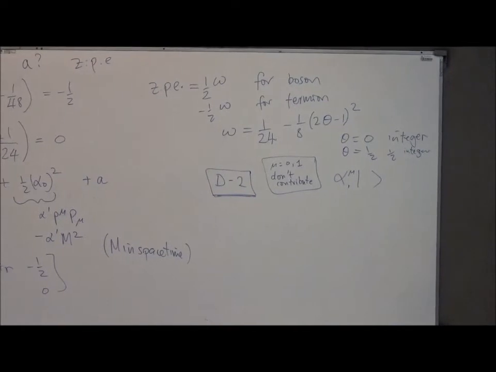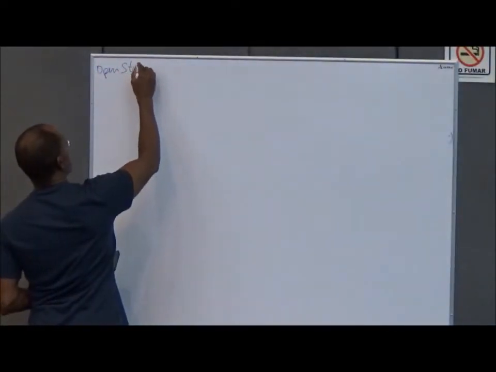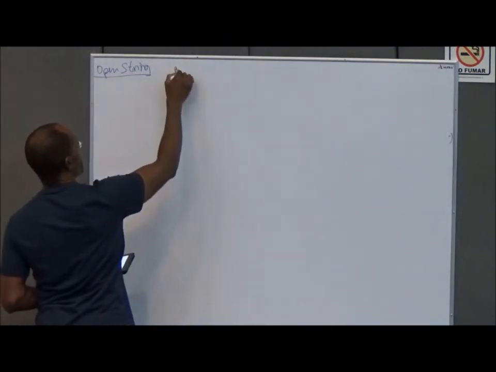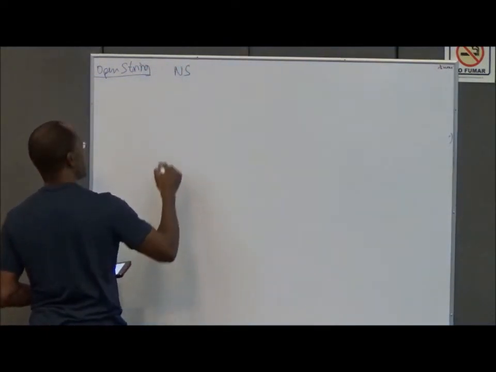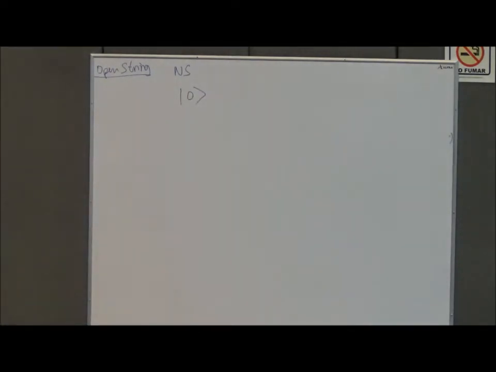Let's talk about the open string Neveu-Schwarz sector. So there's my ground state. Now I want to start working with it. If I started with just the ground state, remember this mass shell condition.